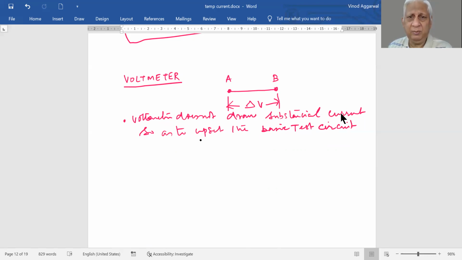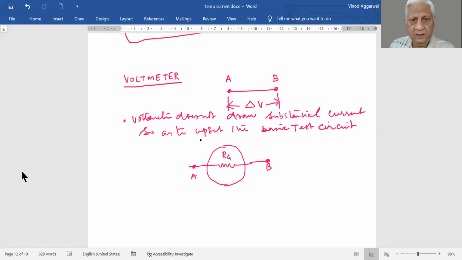We can minimize this current by putting a very high resistance. If this is our galvanometer, we know it has a resistance Rg. Then these are the 2 points A and B, across which we want to measure the voltage.